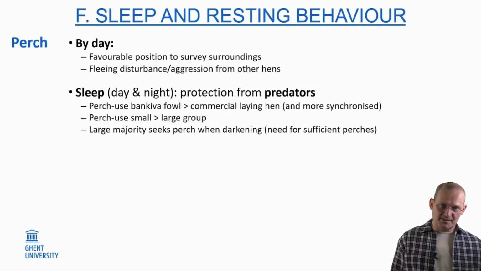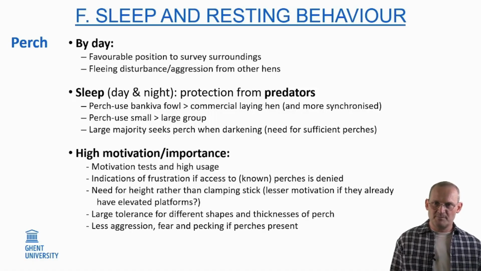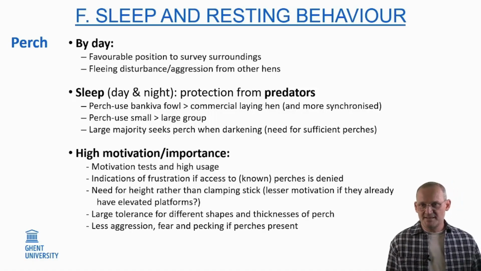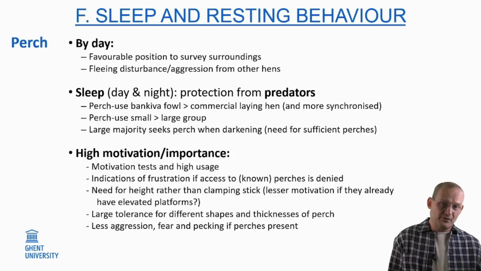So it's very important that sufficient perches are provided for every animal in the group, because perching is a behavioral need. They have a very high motivation for perching, and that has been shown by motivation tests, and if you provide perches, they are used a lot.